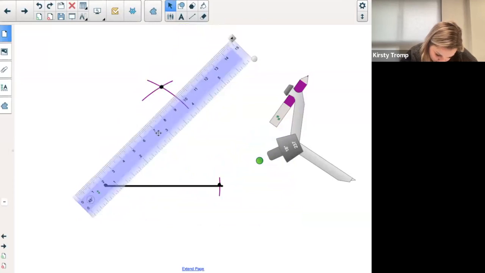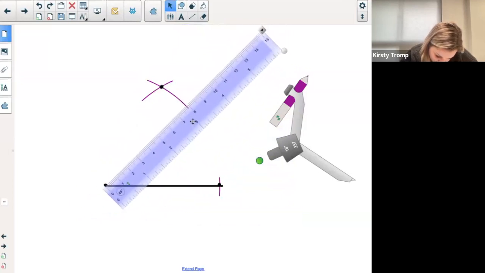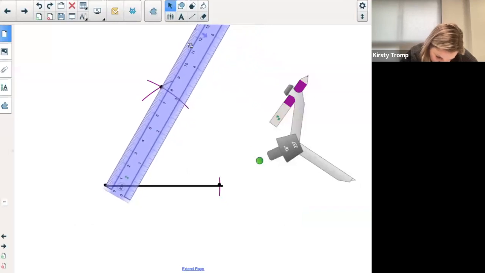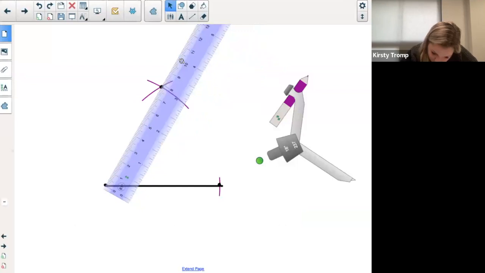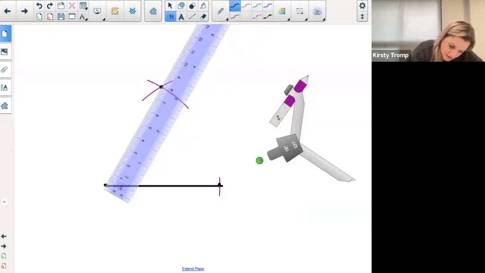All right, so from this point to that point, how many centimeters is it? Look at that. It is exactly 8 centimeters. And on your page, it should measure out exactly 8 centimeters.